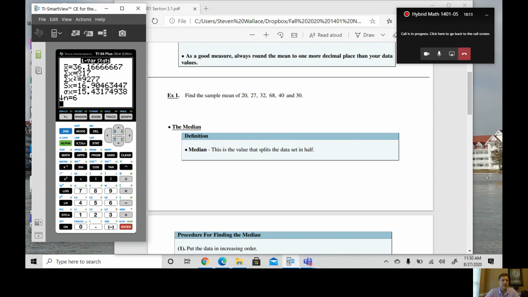X bar is the mean. Here they also tell you what the sum of all the data values is. You might need that at some point. We don't need that in this problem. But say you wanted to find the total frequency, for instance, you might want to use this to add those all up for you.